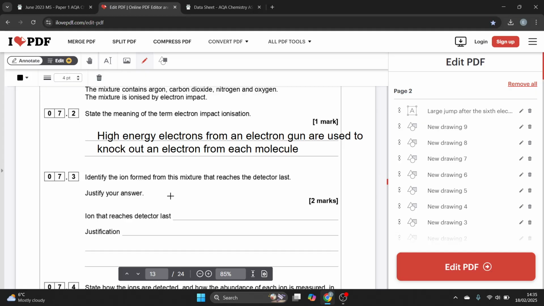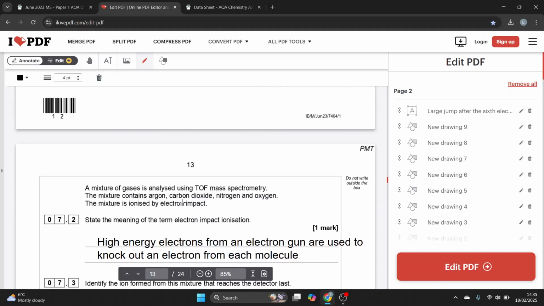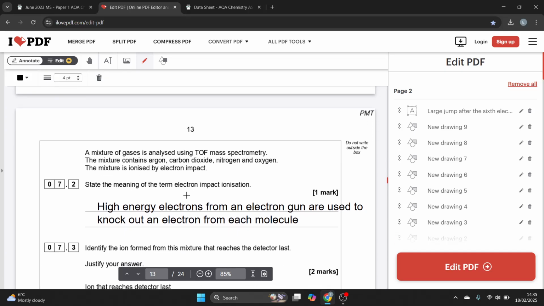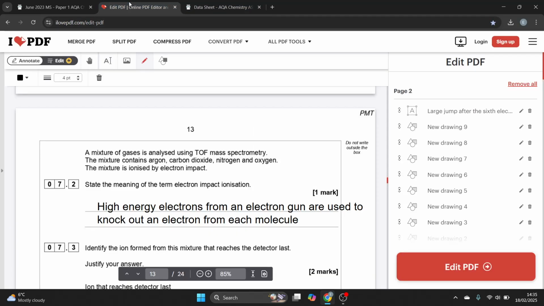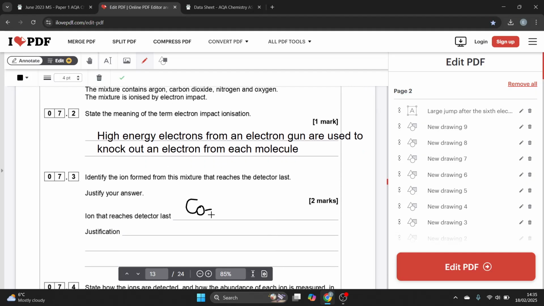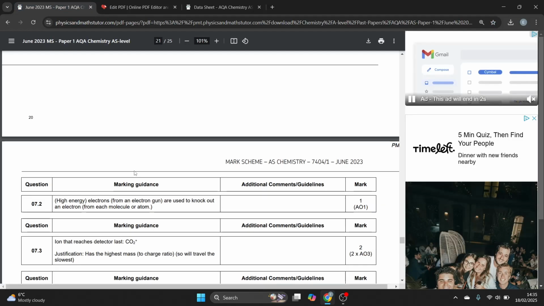Identify the ion formed from this mixture which reaches the detector last. So we've got argon, carbon dioxide, nitrogen, oxygen. The one that reaches the detector last is going to be the one with the highest m/z, so it's going to be carbon dioxide, because of the positive charge.